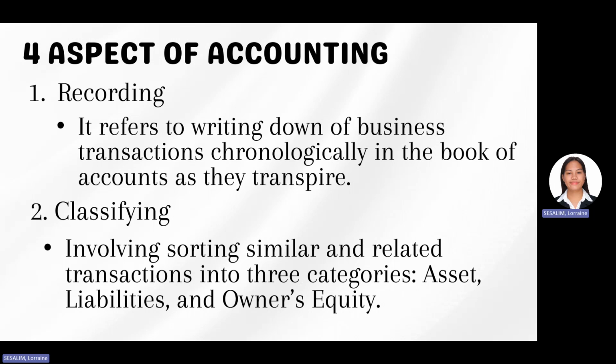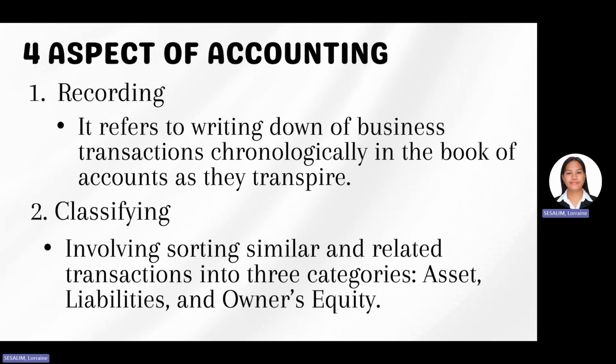The first one is recording. It refers to writing down of business transaction chronologically in the book of accounts as they transpire. Simply means you are going to write down the business transaction to the books of account where they belong. Second one is classifying.